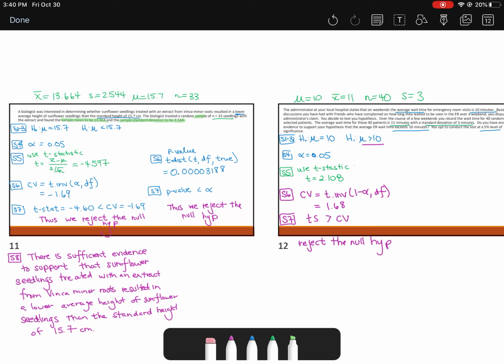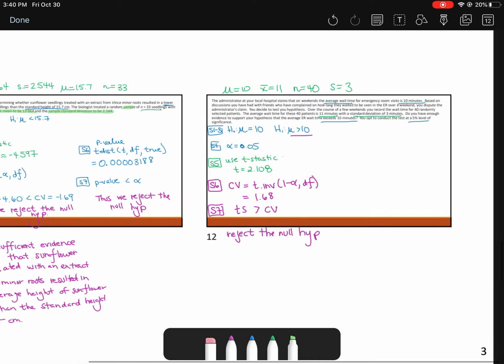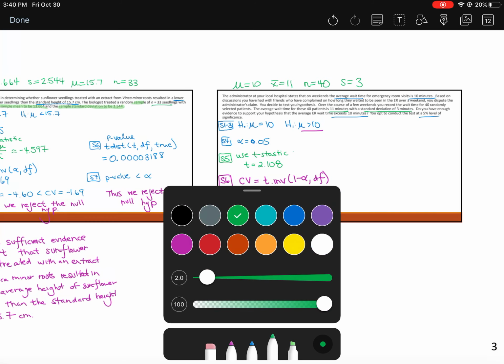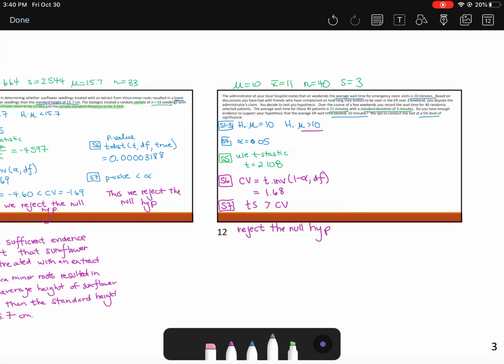There's one of the sheets I gave you underneath the notes that summarizes everything for you. If it's right-tailed and your test statistic is greater than your critical value, you reject the null hypothesis. So let's see, does that match?